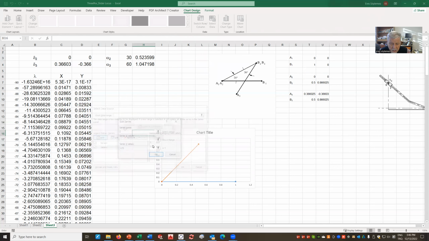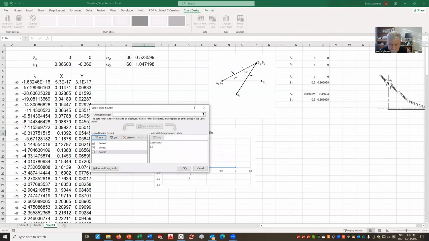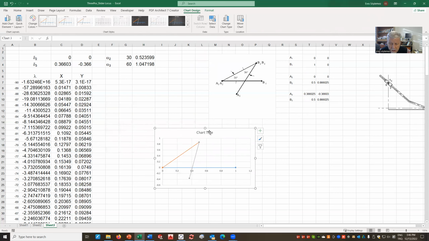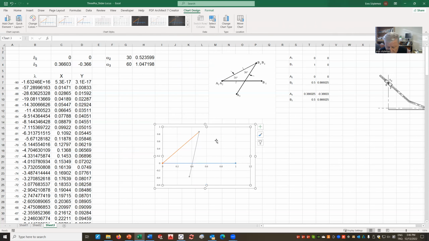Okay, add the third point position. Let me first correct the scaling. Or no, I can continue. Okay, I'll correct the scaling later.